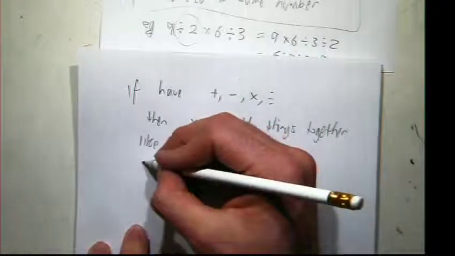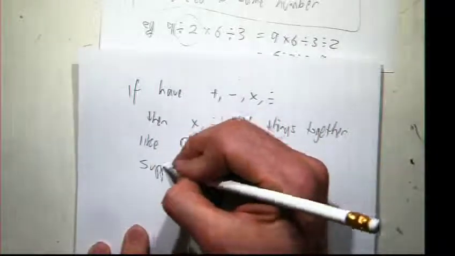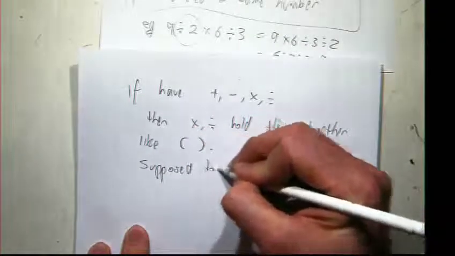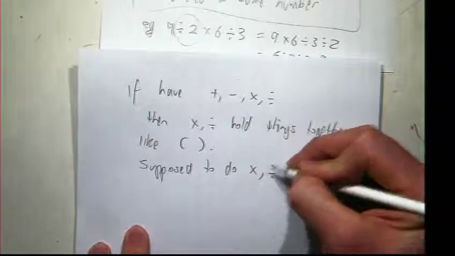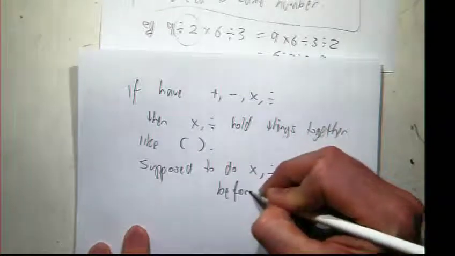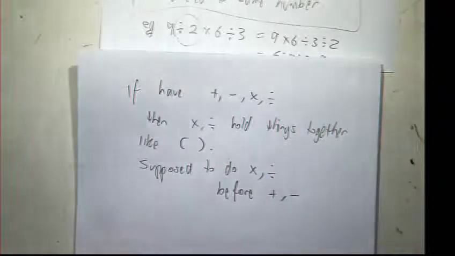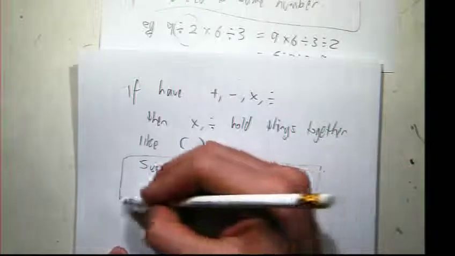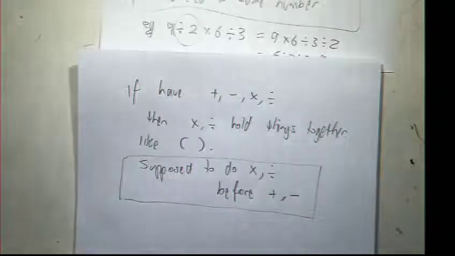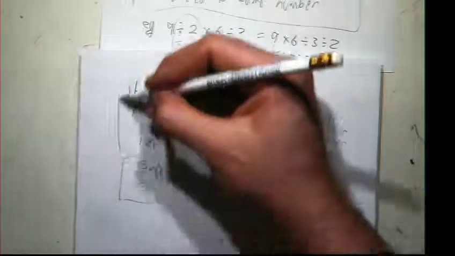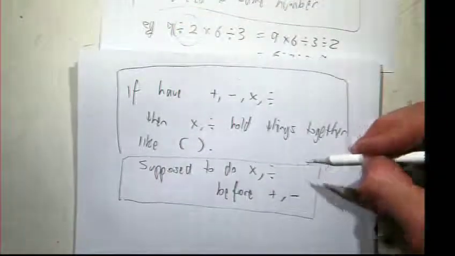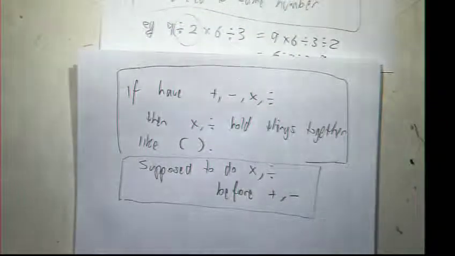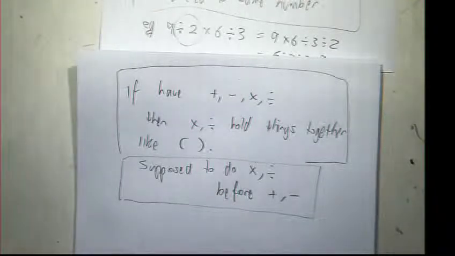Okay? So there's two bits of information there. You're supposed to do the times and divide before you do the plus and minus if you're going to attempt to calculate something. And if you're just going to rearrange things without calculating them, the times and divide hold things together like glue, or blue tack, as it were.